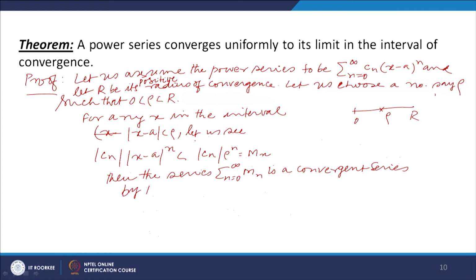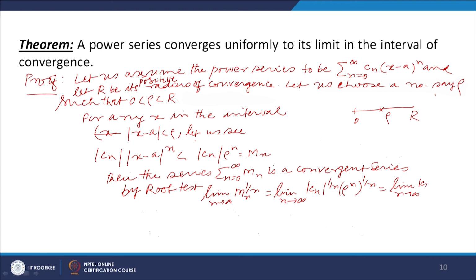So, by root test, limit n tends to infinity Mn to the power 1 by n is equal to limit n tends to infinity mod of Cn raised to the power 1 by n into rho.